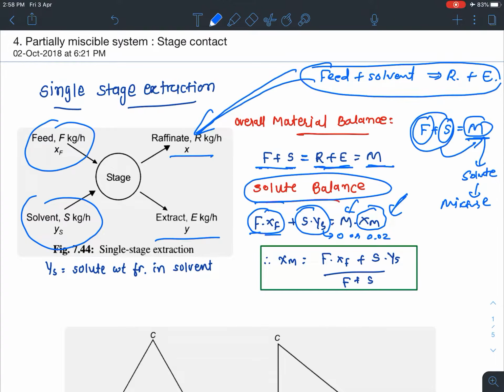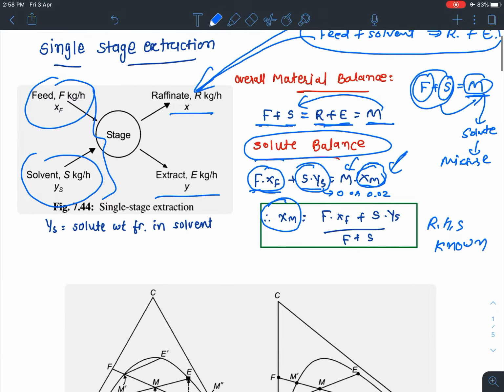Based on this simple equation, if we take XM as the subject, it will be F XF plus S YS divided by M, and M can be replaced with F plus S. All these right-hand side parameters are known, so we can find the composition of solute in the mixture when we add these two things.